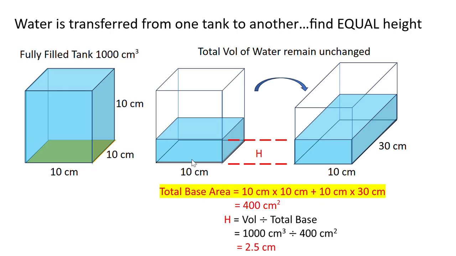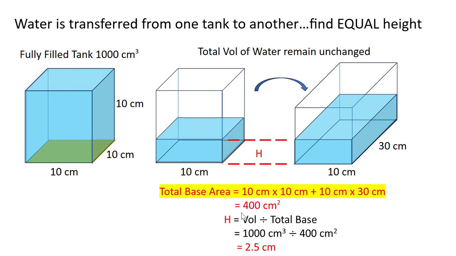The next thing you need to do is find the base area of the first container and the base area of the second container. The base area of the first container is 10 times 10. The base area of the second container is 10 times 30. You sum them together: 10 times 10 is 100, 10 times 30 is 300, so the total is 400.